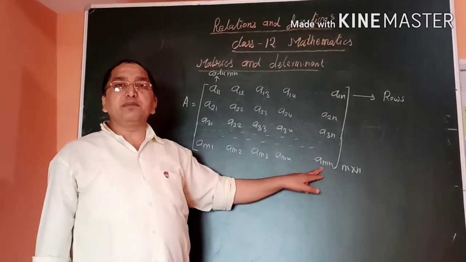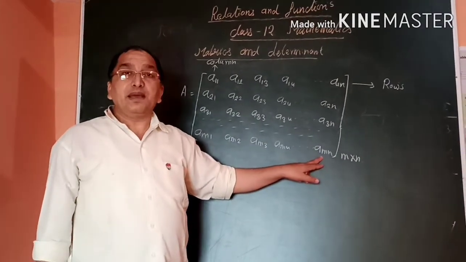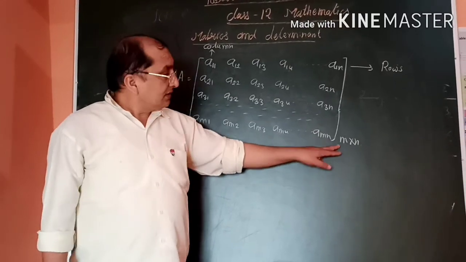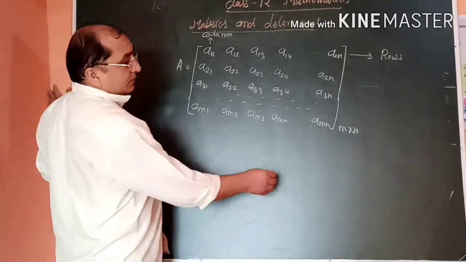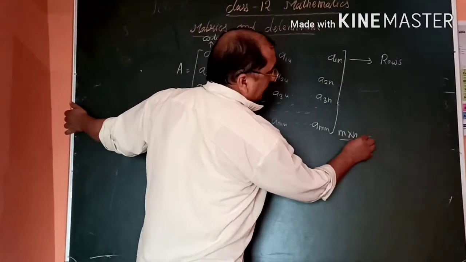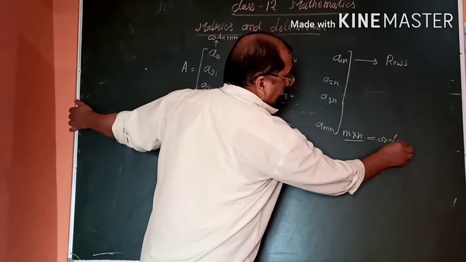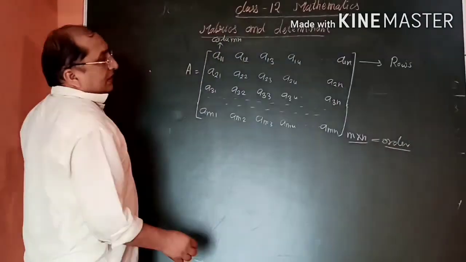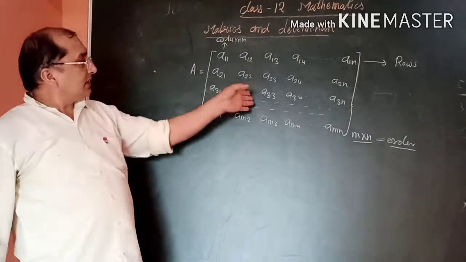So the last element is Amn, and this is known as the order m cross n of this matrix. These are known as rows, and these are known as columns.